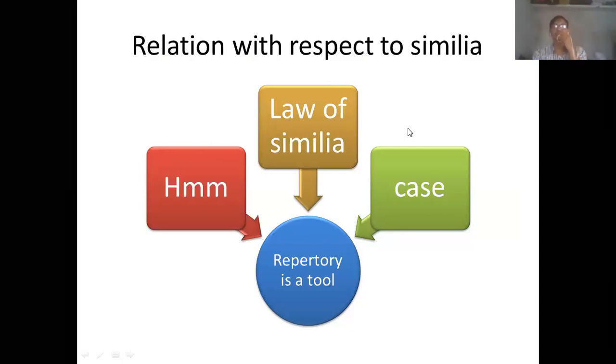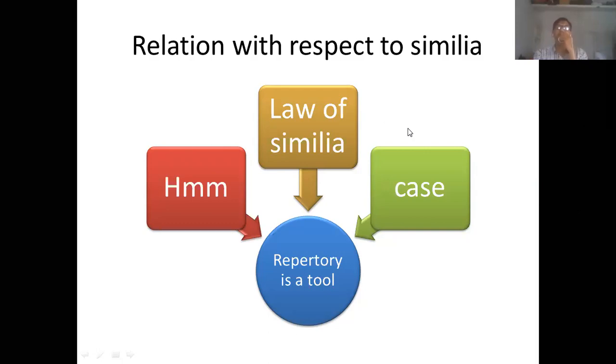So according to this law of similia, what is expected is that after taking the case, after getting the history or a summary of the natural disease, one must find out its counterpart. One must find the similar counterpart of this natural disease, that is the artificial drug disease, from the homeopathic materia medica.